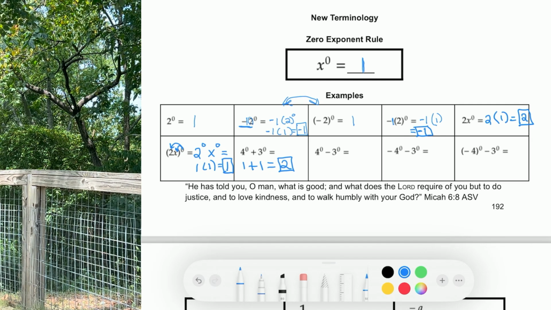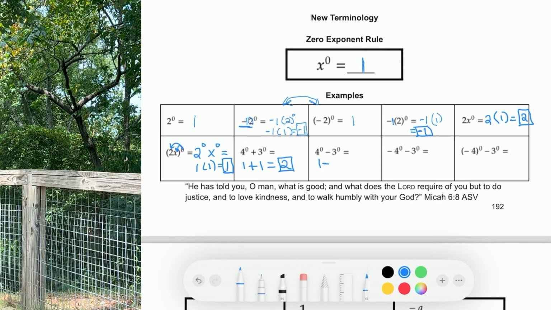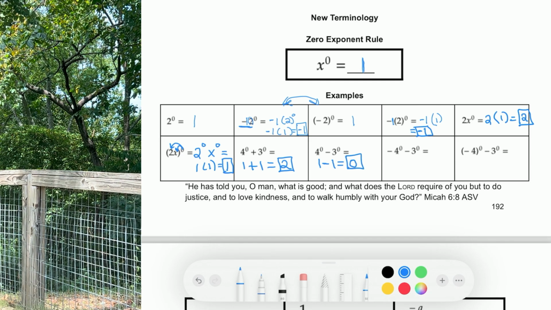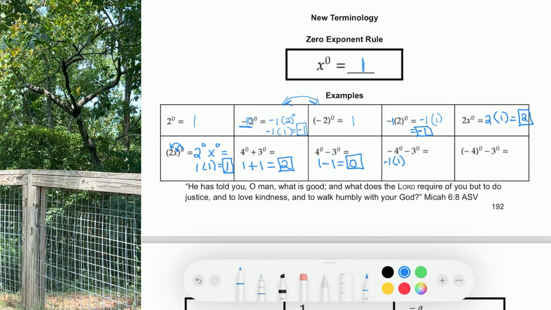The next one has 4 to the power of 0, which is going to become a 1. And then we have minus 3 to the power of 0, which becomes a 1. And 1 minus 1 is 0. The next one has a negative 4 to the power of 0. That becomes a negative 1 times a 1. Remember, because it's not in parentheses, so that's what it looks like.